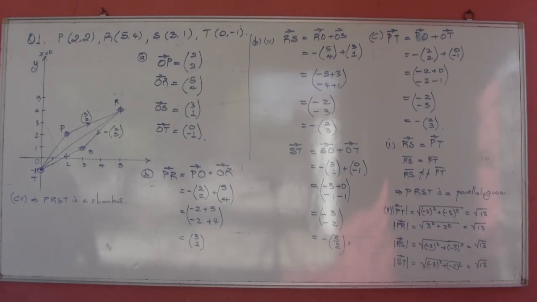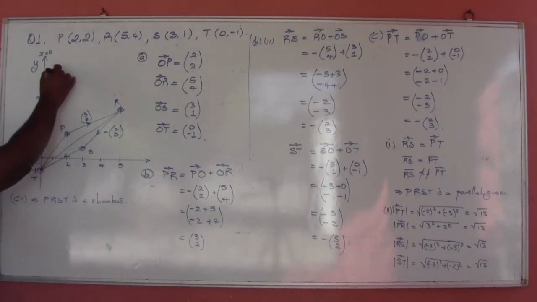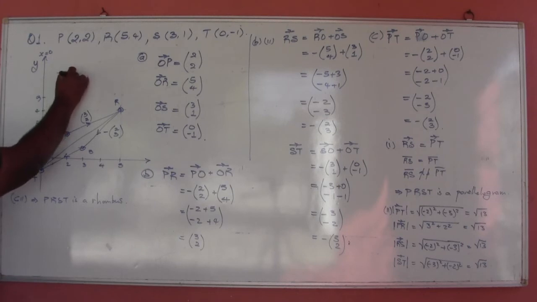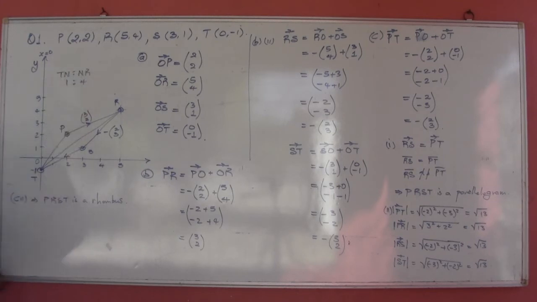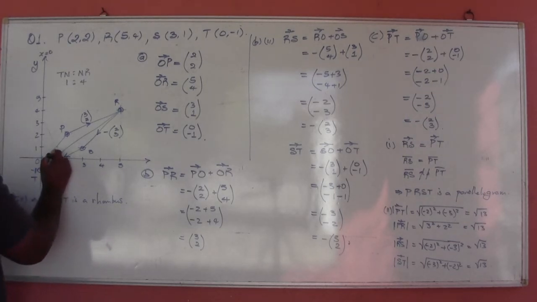So the idea here is that you're dividing TR, and the ratio of TN to NR is 1 to 4. That is the equivalent of saying you're dividing TR into 5 equal parts. TN is 1 part, and NR is the next 4 parts.